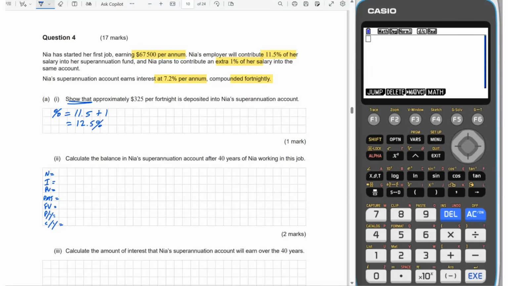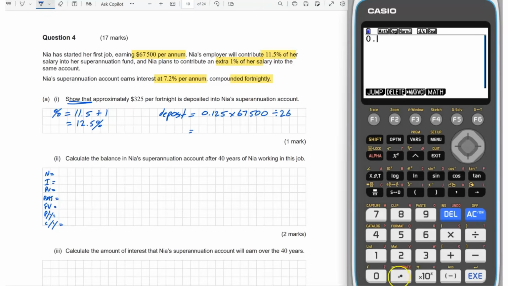Now, to actually calculate that, the deposit, I guess, if you like, is going to equal 0.125, so that's the 12.5%, times the $67,500 that she's earning. But that will be per year. And so then we just have to divide that into the 26 fortnights that happen each year.